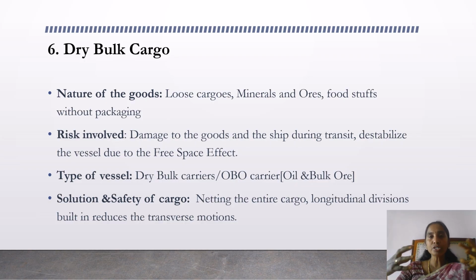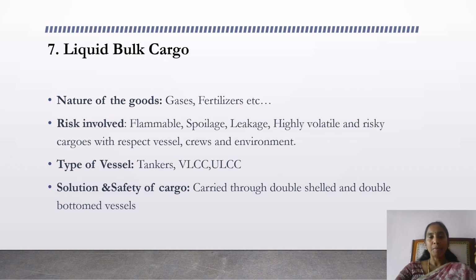So we can choose this type of vessel to carry these dry bulk cargoes. And this cargo has to be carried by properly having a netting system inside the deck, and some longitudinal divisions, as I said already, in carriage of cars and vehicles. Longitudinal divisions must also be built in order to reduce this transverse motion. So when all this is done, the cargo can be carried safely from place to place.